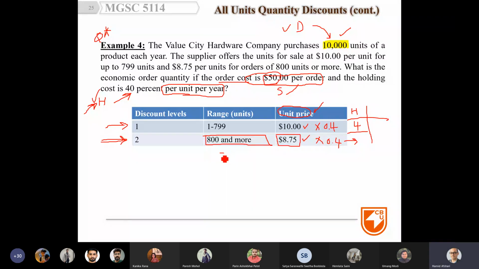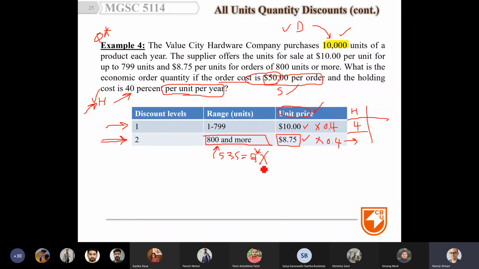Is 535 in this range? No. 535 is not 800 and more. So the Q star, 535, is not valid.